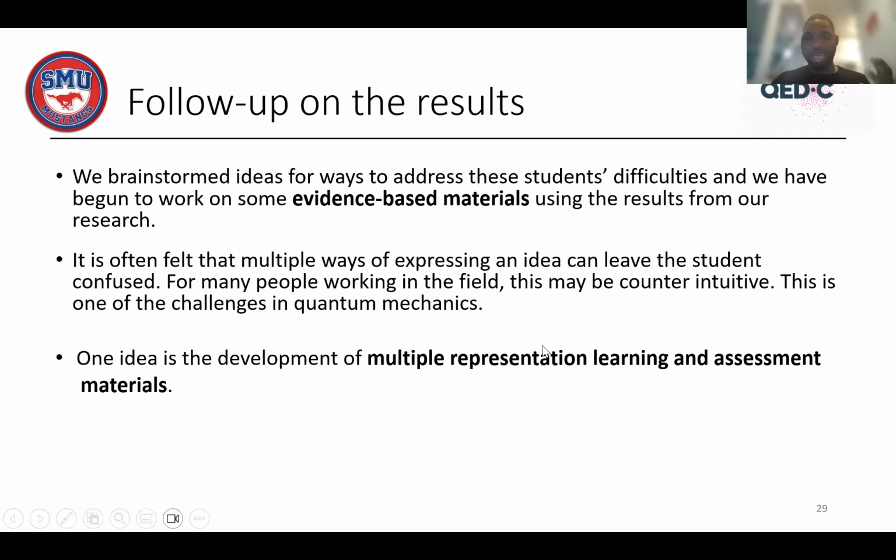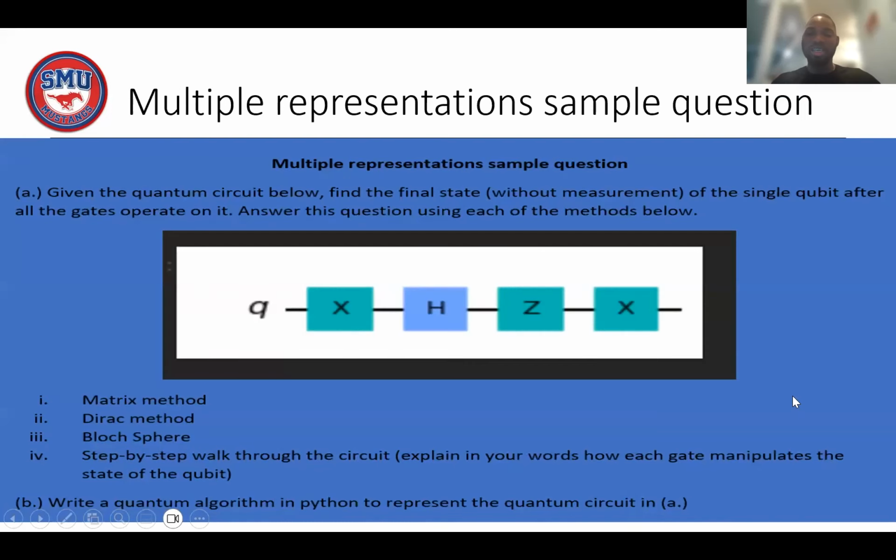I know this might sound counterintuitive to some physicists, because we believe that having multiple ways of representing an idea is one of the major problems in quantum physics generally. You have all of these different representations flying around, and then you have a challenge knowing which one exactly to use at what time.